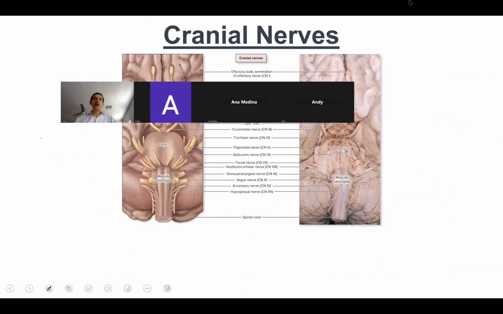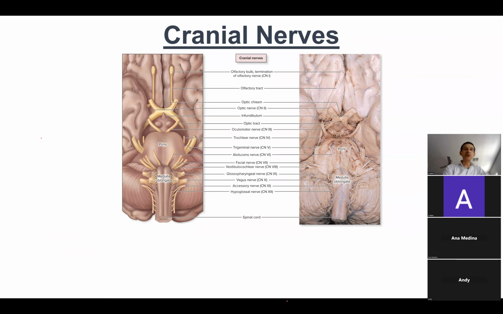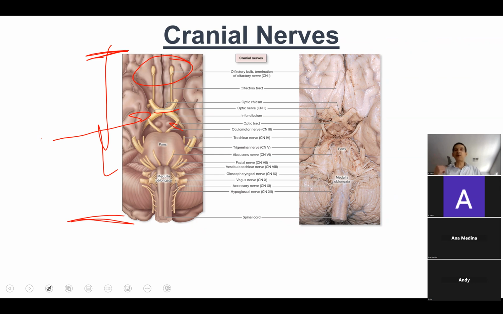All right, now this is a little bit of a better picture. You can now see all of these nerves in yellow. So this is, for example, cranial nerve number 1, this is 2, and so on. This is 3. So what you can see is as we go down, the name of the nerve starts with 1 here and 12 here. That's how you remember.